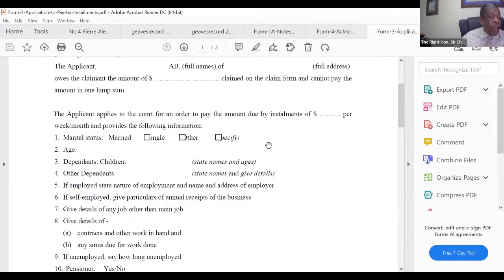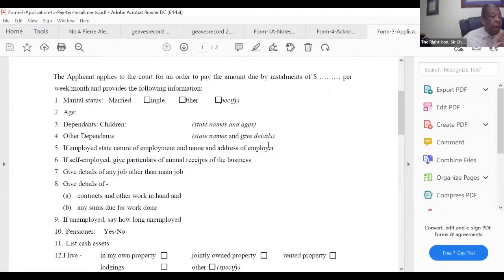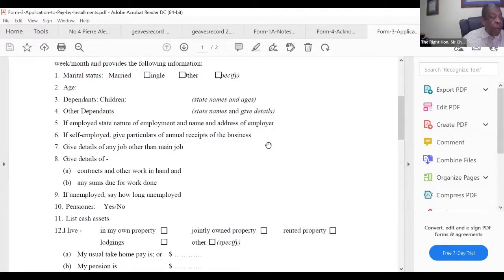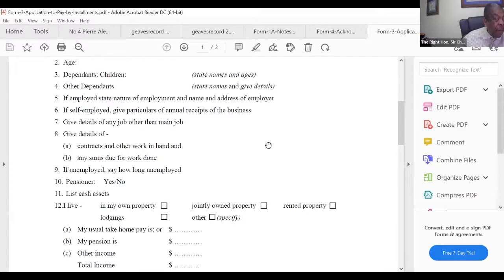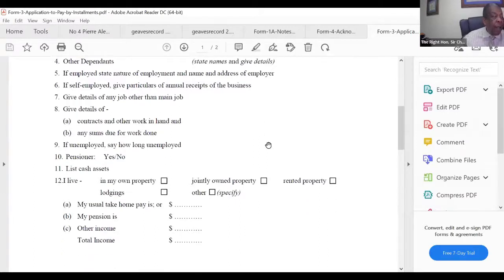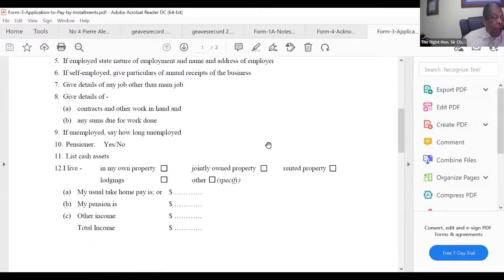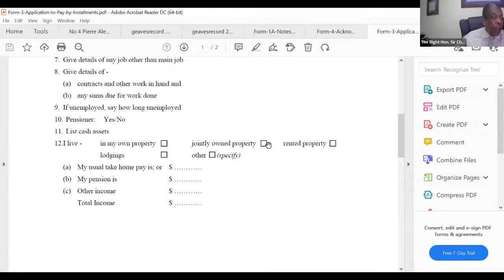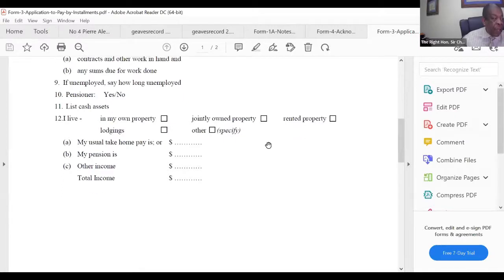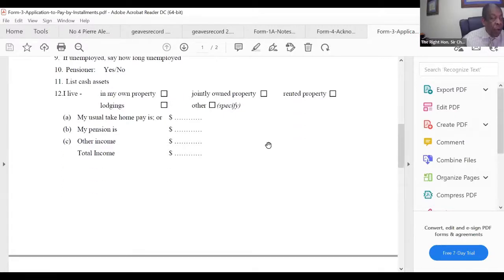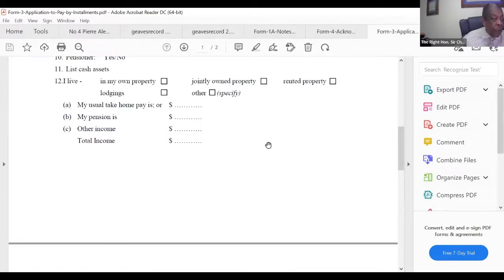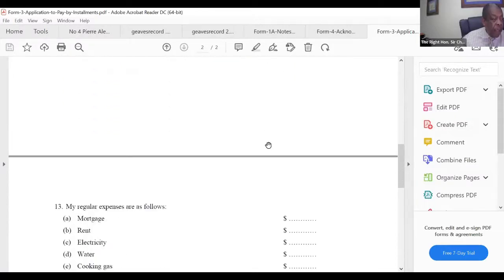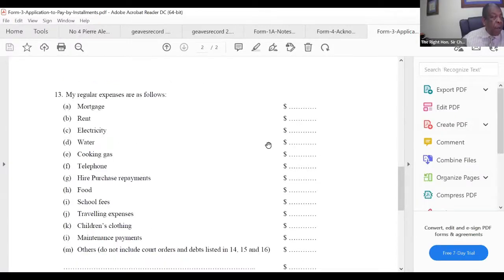What's your marital status? What is your age? What are your dependents? Are you employed? What kind of employment do you have? Give particulars of annual receipts of the business. Give details of any other job that you might have. Give details of contracts and other work in hand. Any sums due for work done. If employed, how long employed? Are you a pensioner? List your cash assets. Do you live in your own property? Jointly owned property, rented property? What is your usual take-home pay? What is your pension? What is your other income? What's your total income? And then there's a provision where you set out your regular expenses. I don't need to go down the list.